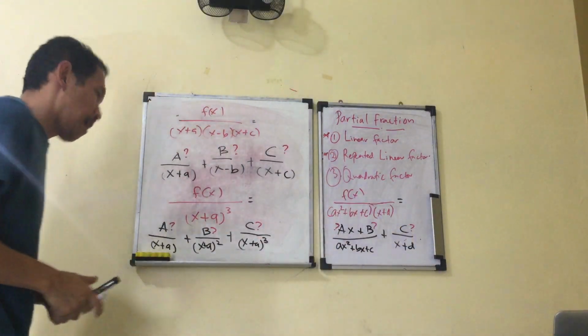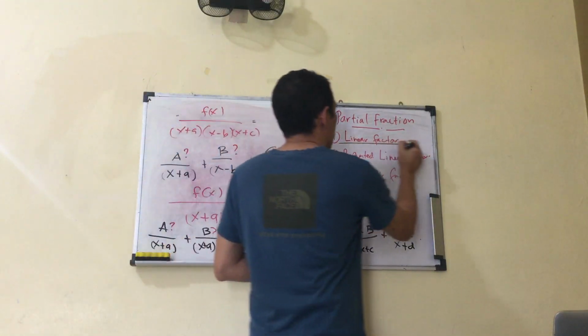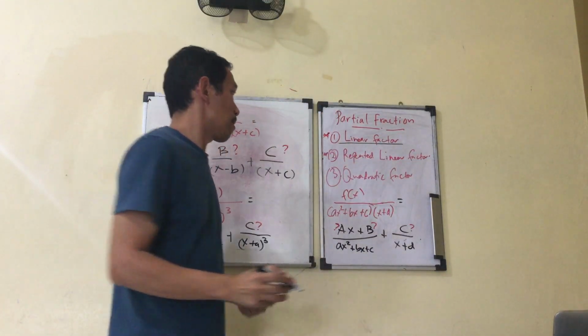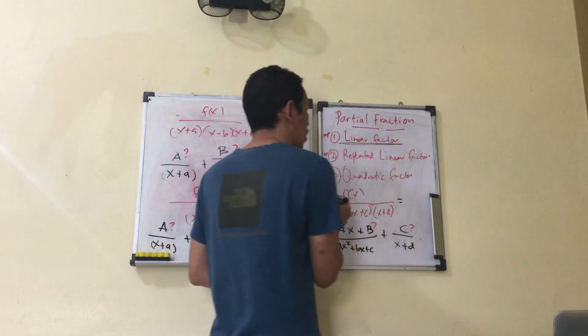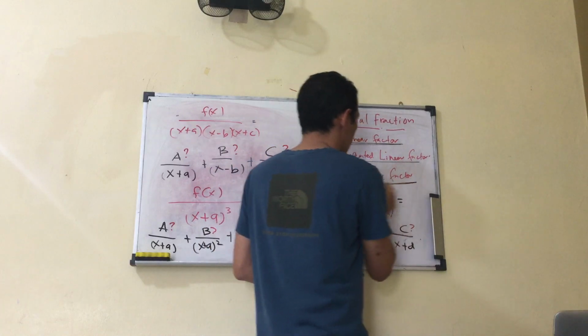So these are different types of partial fractions, depending upon the denominator of the fractions. Number 1 is called the linear factor, then repeated linear factor, and quadratic factor.